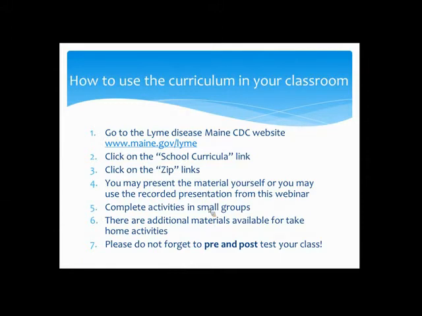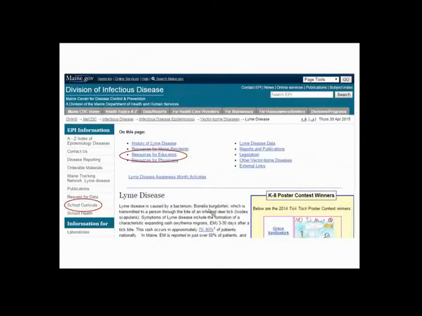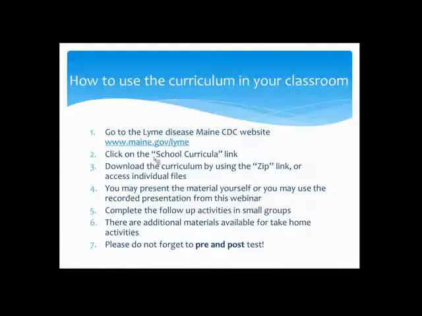Once you get to that website, you'll end up right here. At this website, there are two different links which will take you to the same place: the school curricula link on the left-hand side of the page and the resources for educators right in the middle. Both will take you to where you're headed.